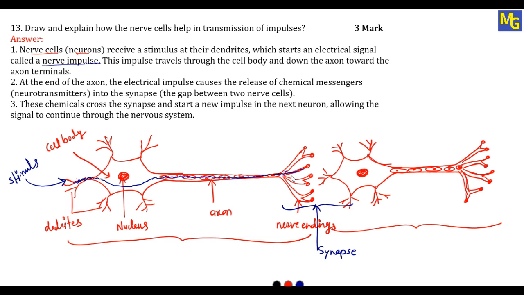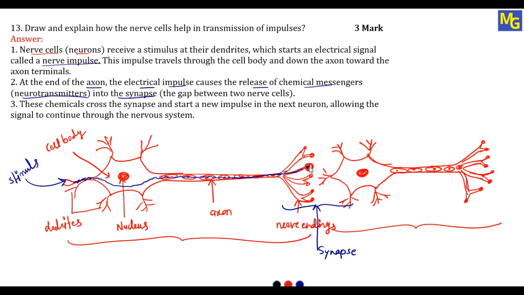Once it reaches this axon ending, also called the nerve ending, now the next step is, at the end of the axon, the electrical impulse causes the release of a chemical messenger. So once it comes to this axon ending, a chemical messenger is prepared, which is also called a neurotransmitter, into the synapse.